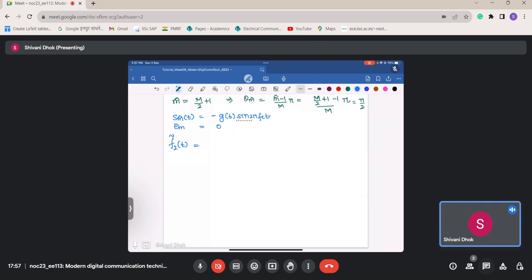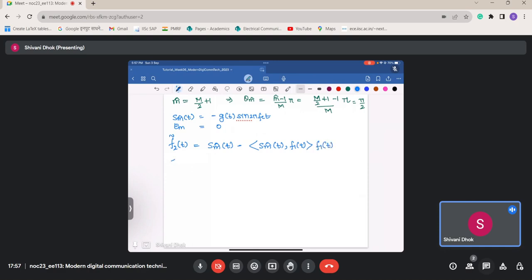So this f2 tilde will be equal to SM hat t minus the inner product of SM hat t with f1t, multiplied by f1t.